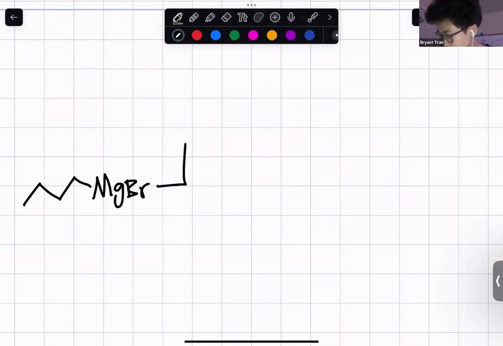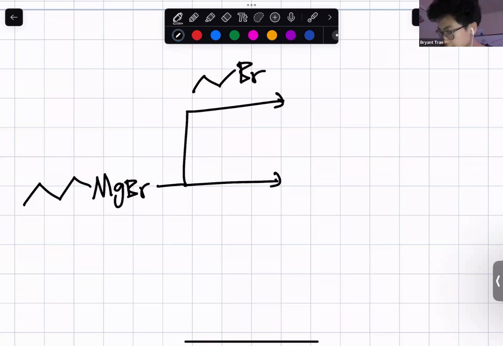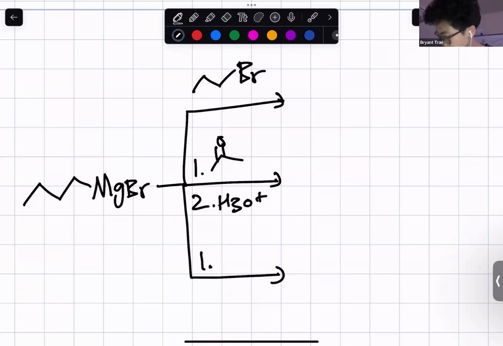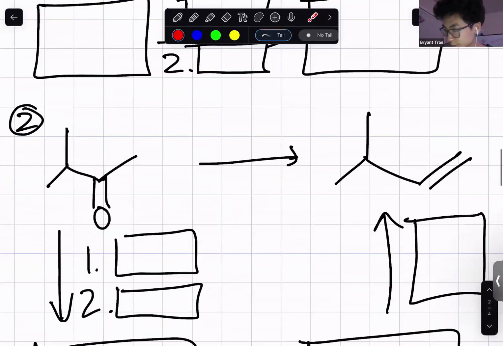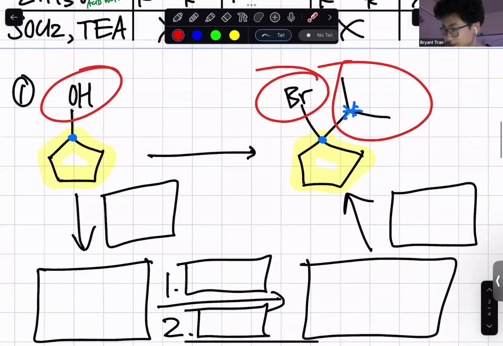They could react with a primary haloalkane. They could react with a ketone or aldehyde with acid workup, or they could react with an epoxide. I think those are the ones that you've learned for now, right? So we're going to use one of these reactants to create this structure, right?